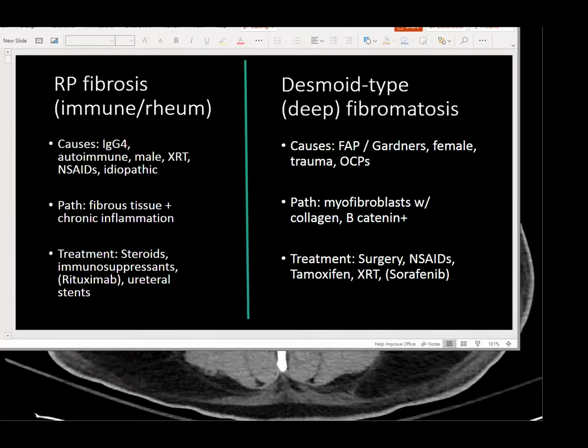So even though they both can be retroperitoneal and they both have fibrosis in the name, these are different entities. In the first case I showed you, they actually discharged her from rheumatology workup because they said, oh, she's got a desmoid, and that's not a rheumatologic disorder. That's more on the mass, sarcoma spectrum, and they're going to be treated with different therapies.